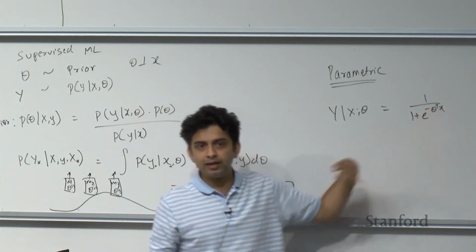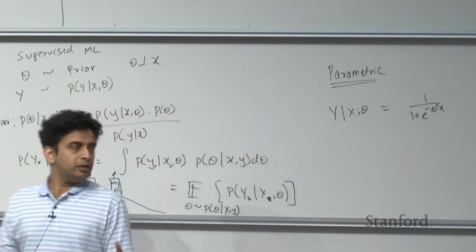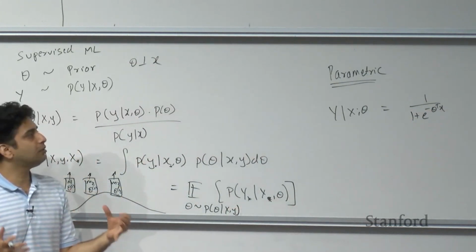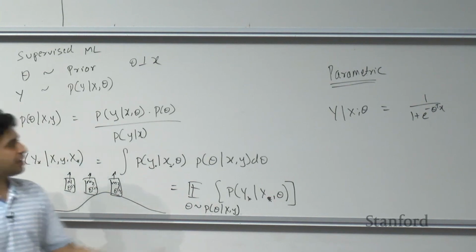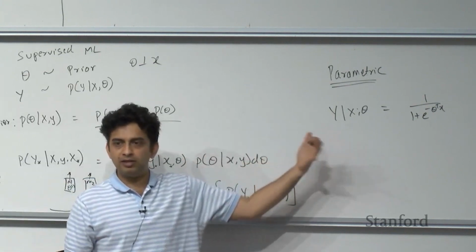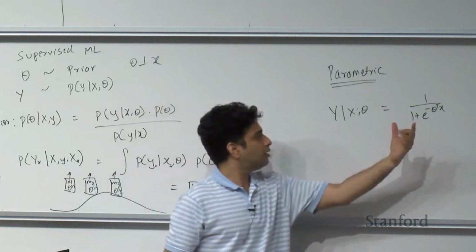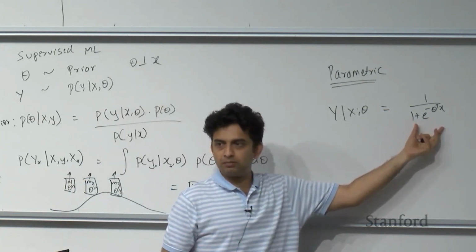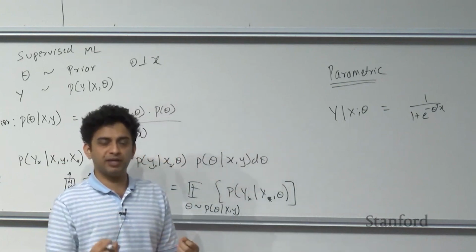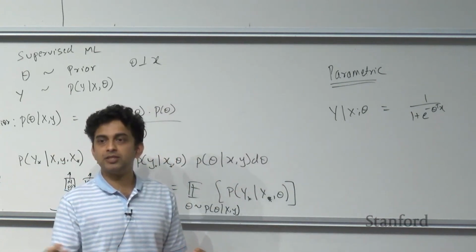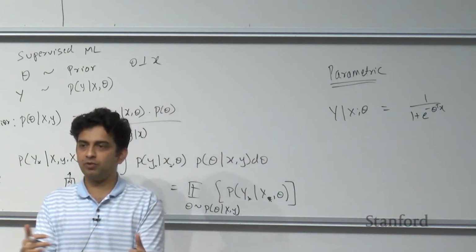That in a way limits the set of all possible models that we can consider. The set of all possible predictive functions is limited by this functional form. Different values of theta give us different specific predictive functions, but the set of all these predictive functions is still somewhat limited.